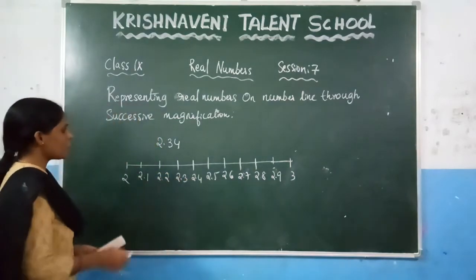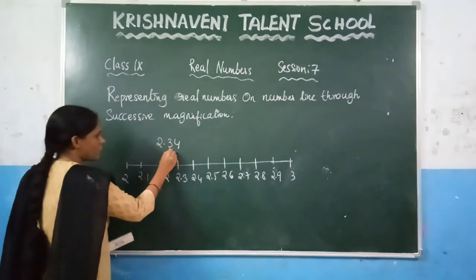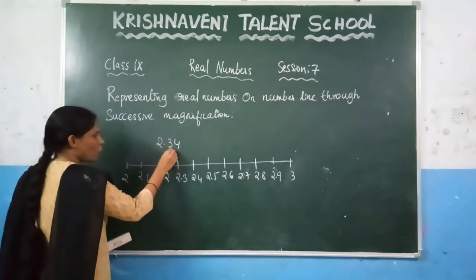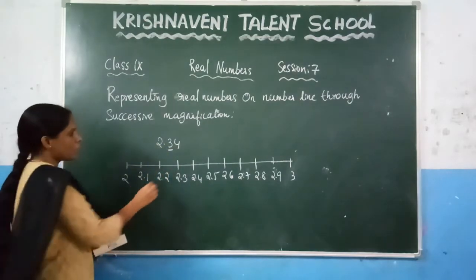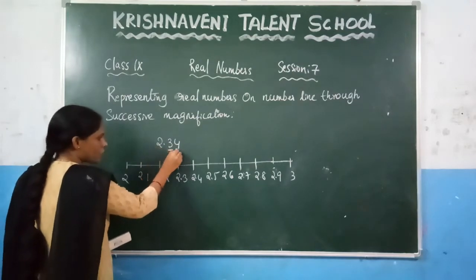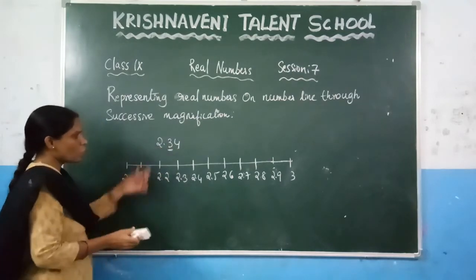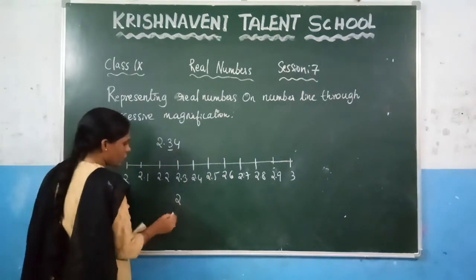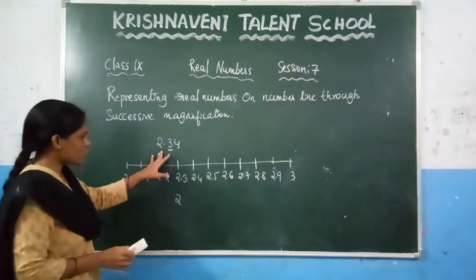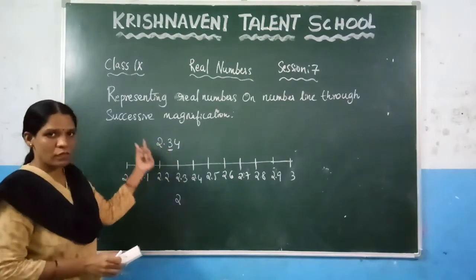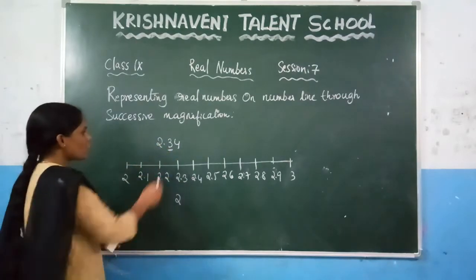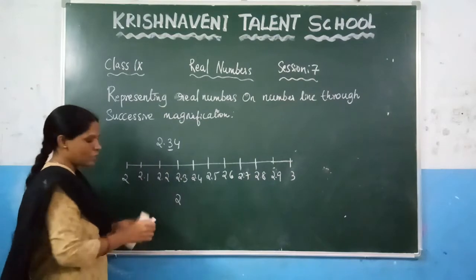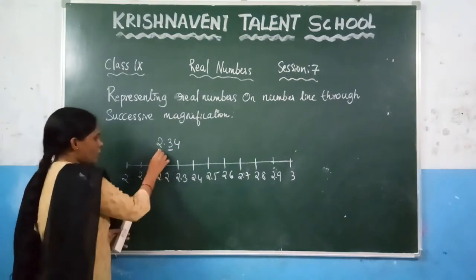Next you have to check the next number. What is the next number here? 2.3. And you can observe that 2.34 lies between 2.3 and 2.4. First we checked which numbers 2.34 lies between, and you know it lies between 2 and 3. This is what we checked for the first number.